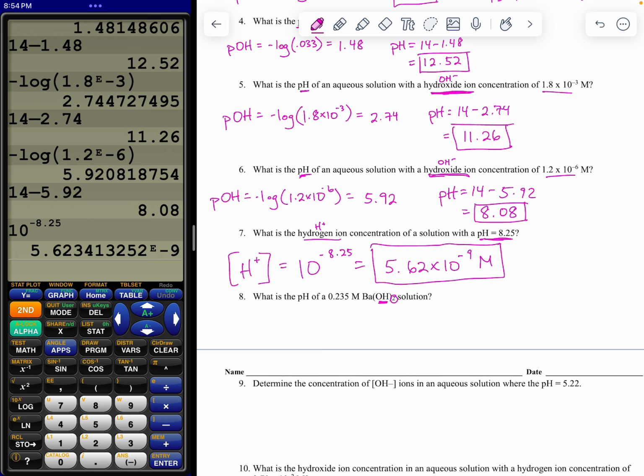So I first need to figure out what the pOH is. Now again, the concentration of the OH is going to be 2 times 0.235, since 2 hydroxides are going to be found for every 1 barium in this.